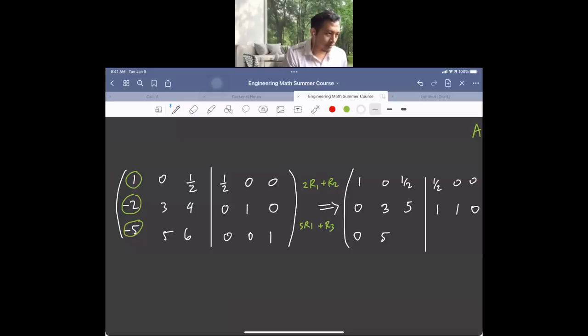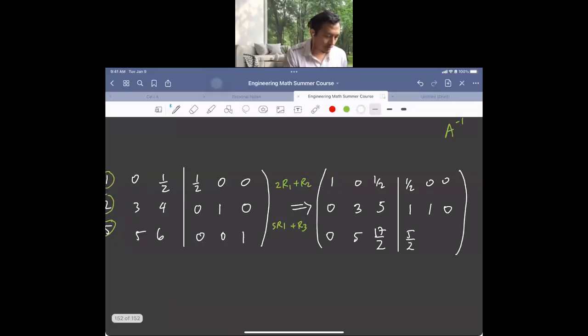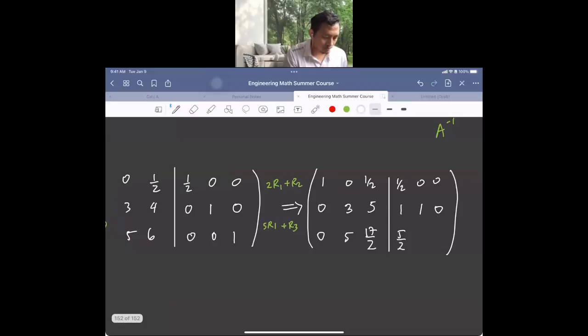And then half becomes 5 over 2 plus 6. 6 is 12 over 2. So 12 plus 5 is 17, so 17 over 2. And 5 over 2. And then 0 and then 1.